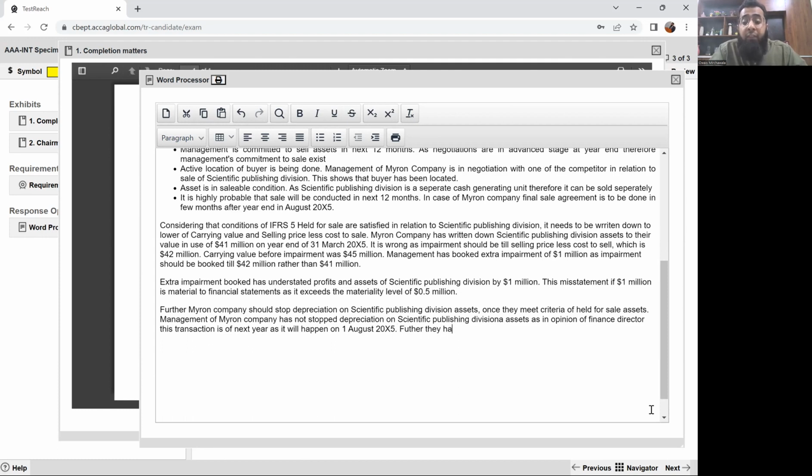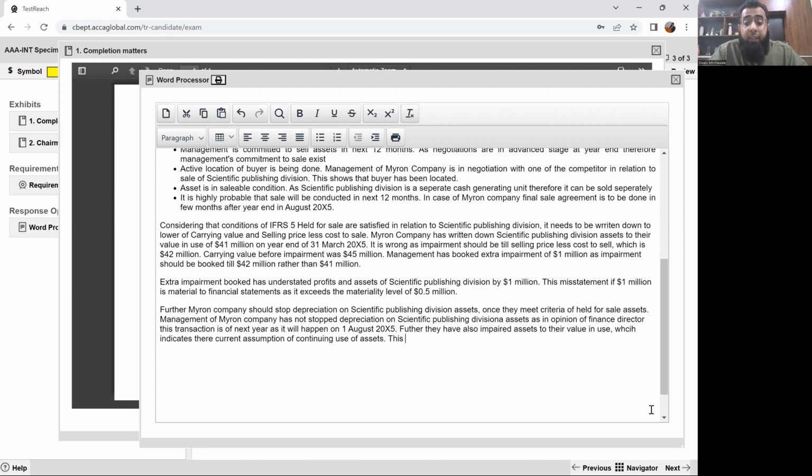Further, they have also impaired assets to their value in use, which indicates their current assumption of continuing use of assets.